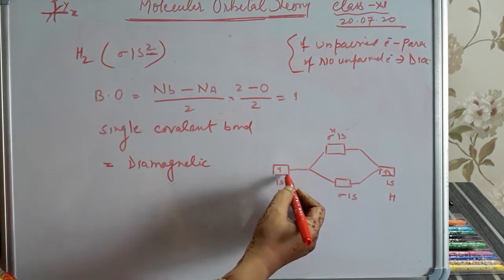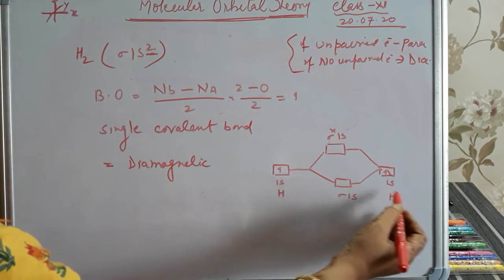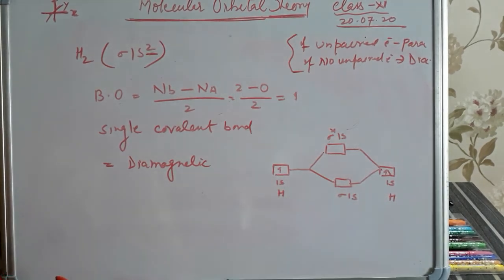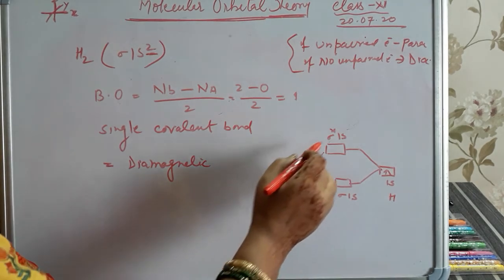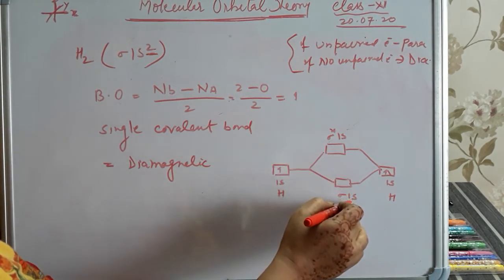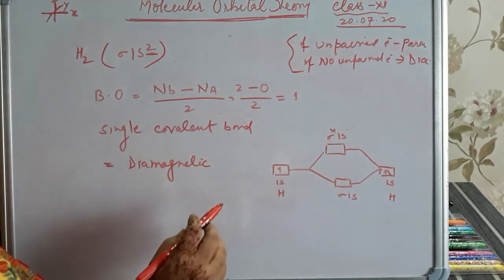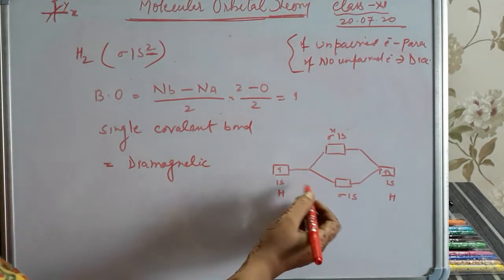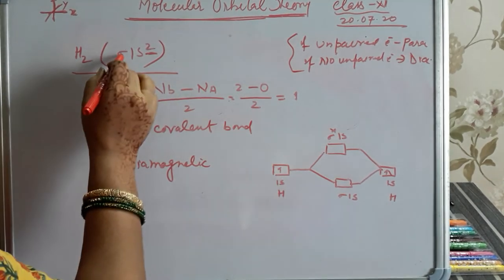This is 1 atomic orbital, this is the other atomic orbital, and these 2 atomic orbitals undergo linear combination. So 2 molecular orbitals form: by addition overlap, the sigma bonding molecular orbital forms, and by subtraction overlap, the sigma anti-bonding molecular orbital forms. So we write the configuration of this H2 molecule, sigma 1s2.